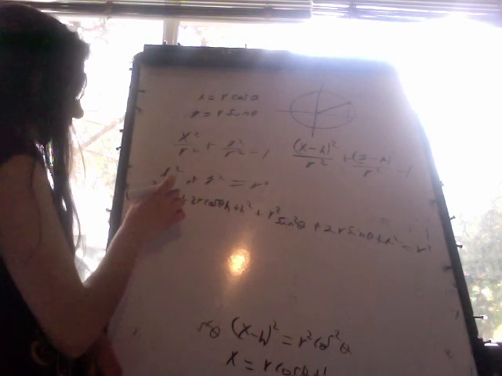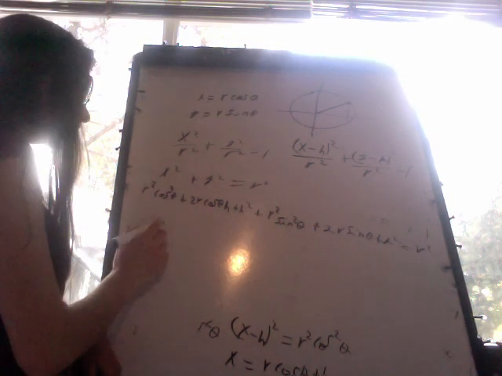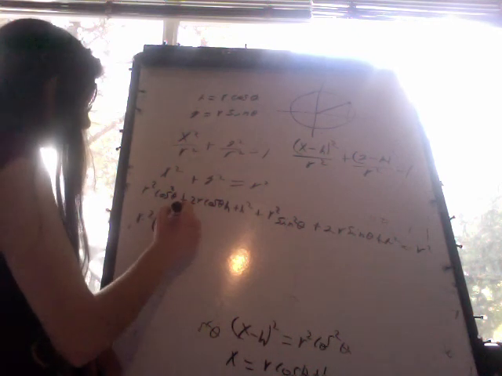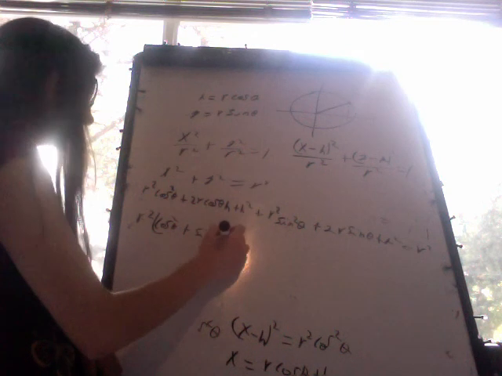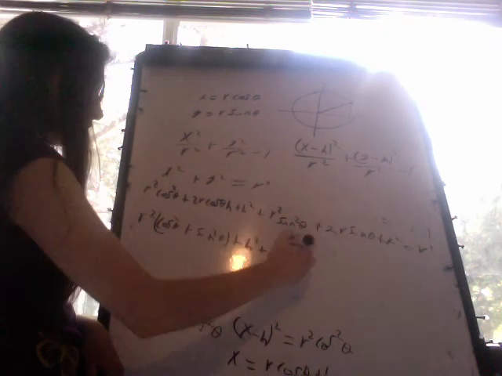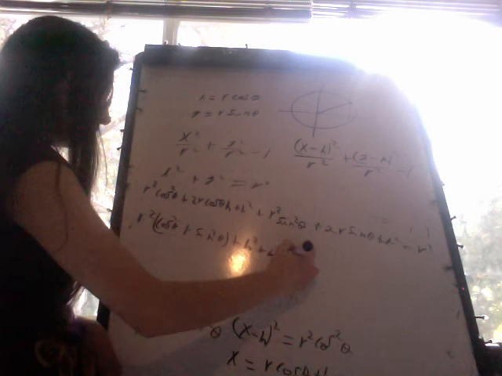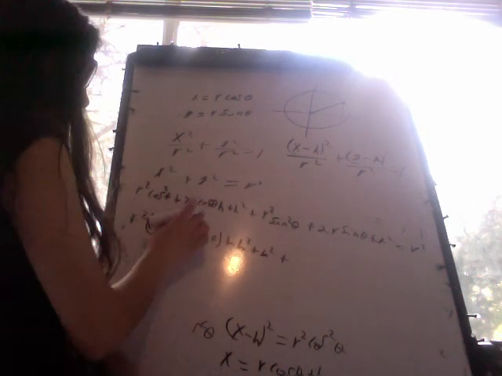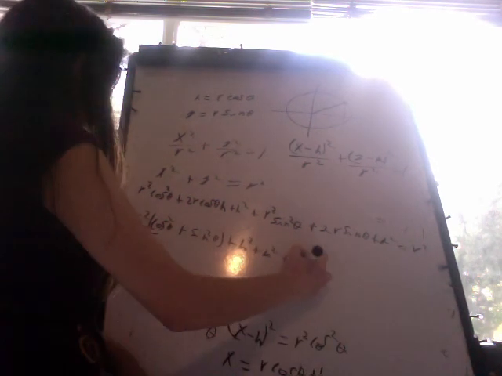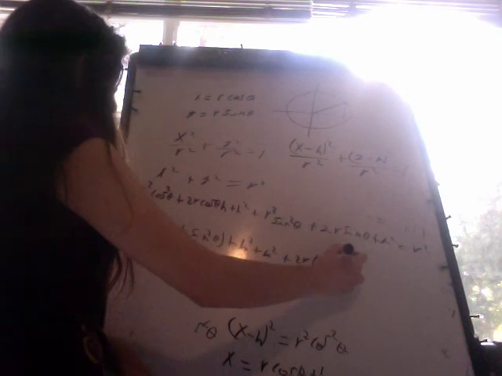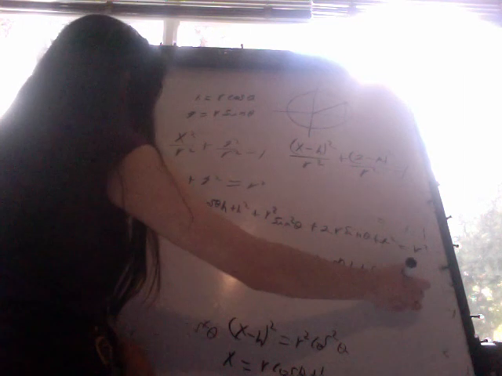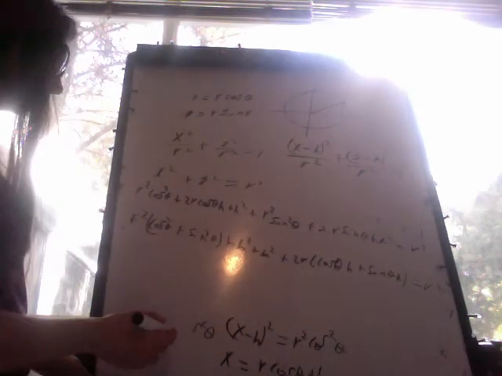So, you can factorize the cosine squared and the sine squared. So, you have r squared times cosine squared theta plus sine squared of theta plus h squared plus k squared plus, here you can factorize the 2 and r, and so you have 2r times cosine of theta times h plus sine of theta times k equals r squared.